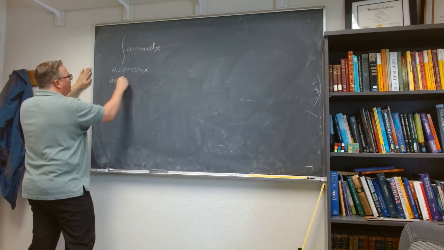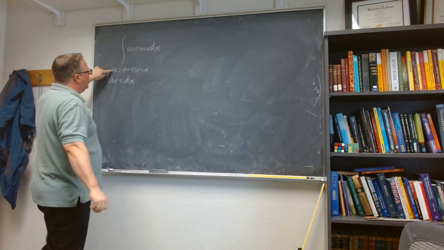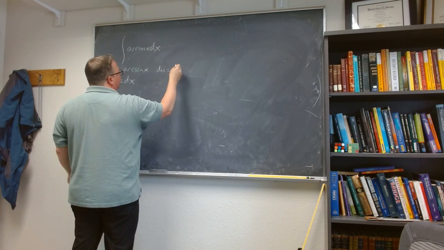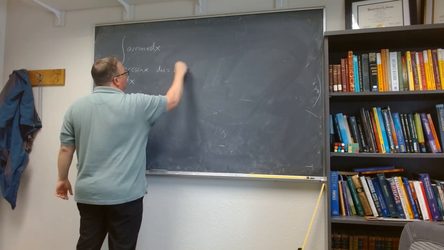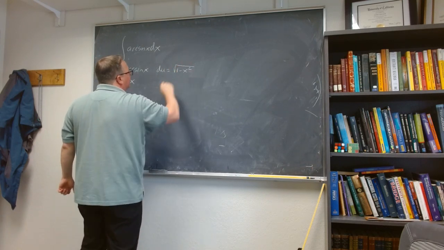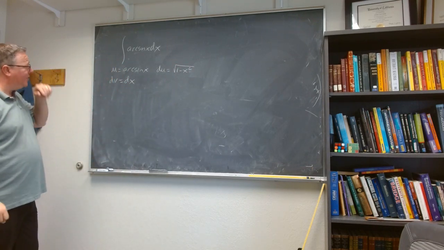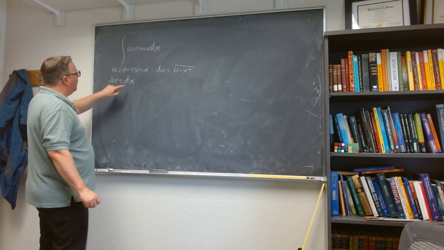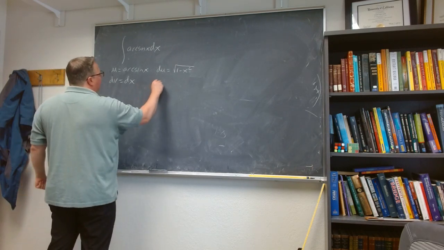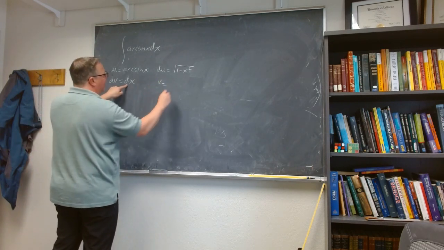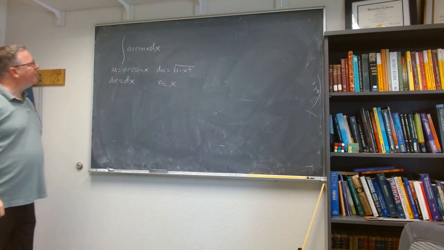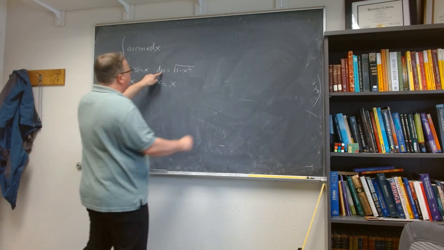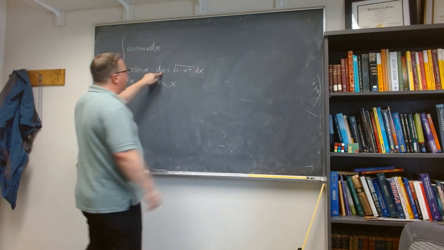And we're going to have dv be just dx. The derivative of arcsine we saw is 1 over the square root of 1 minus x squared. So that works fine. The antiderivative of dx is just x. And so now we're in pretty good shape. I just need to decorate here with my dx.